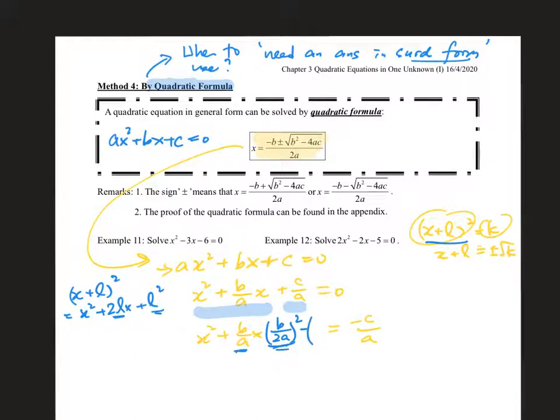And you can't add the term suddenly on the left-hand side, so I subtract it on the other side as well. Now the first three terms can make a bracket square, which is x plus b over 2a bracket square. At the same time, this term I move to the right-hand side, giving you minus c over a plus b over 2a bracket square.